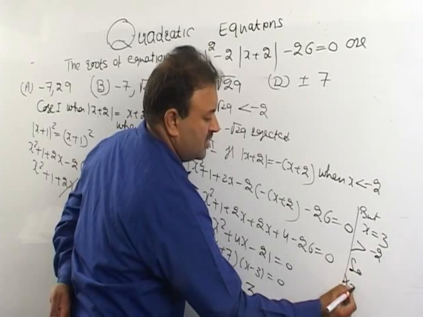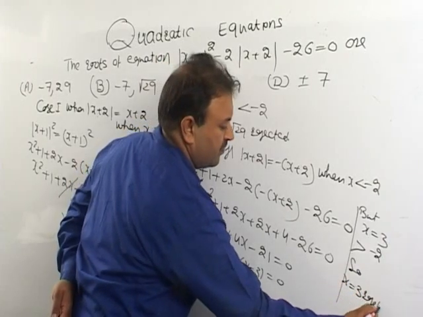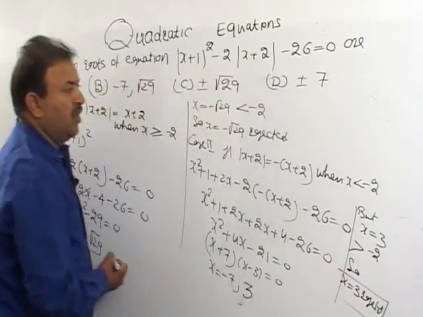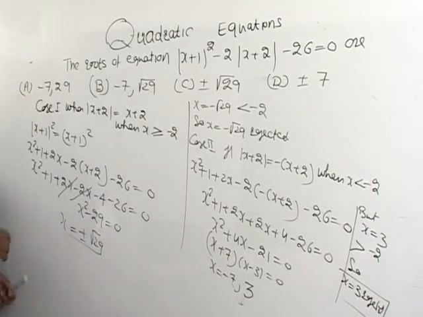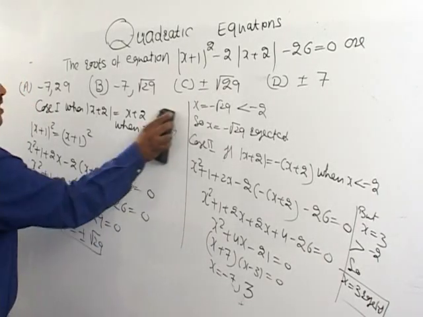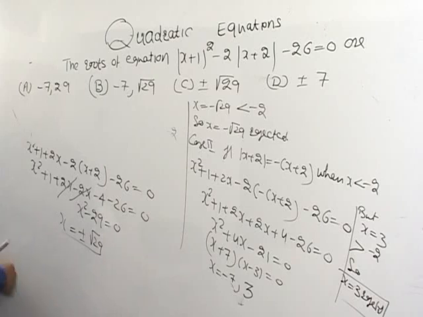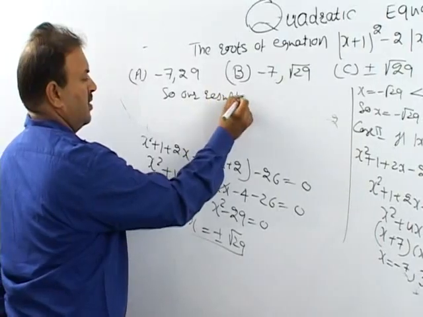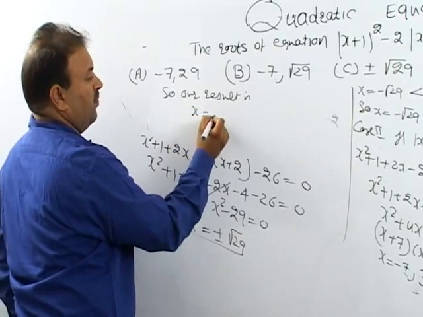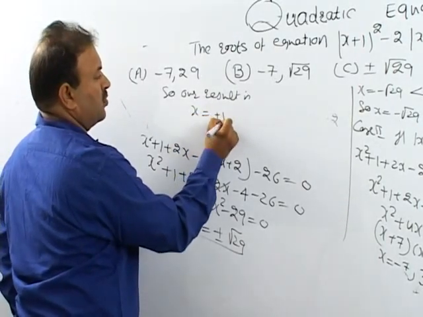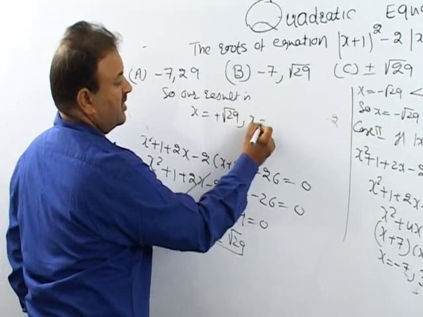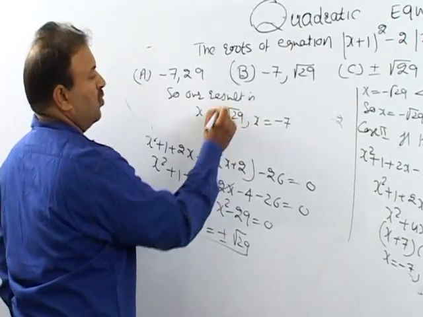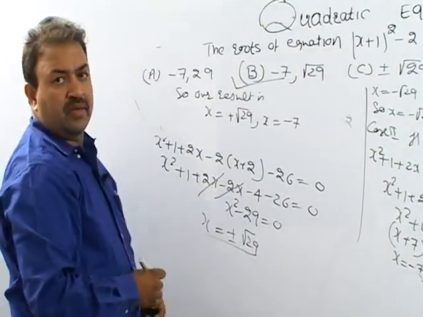So x is equal to 3, rejected. So our result is x is equal to plus root 29 and x is equal to minus 7. So B option is the right one.